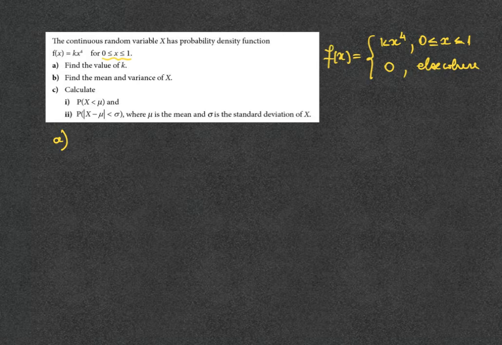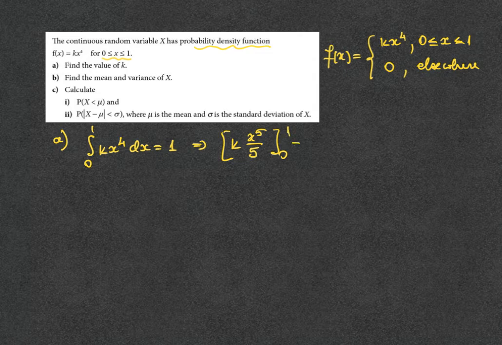I know that f(x) is a probability density function if f(x) is always positive, and after I find k, I'm going to show that it is, and the integral from 0 to 1 of kx^4 dx needs to be 1. Therefore, kx^5/5 from 0 to 1 needs to be 1.